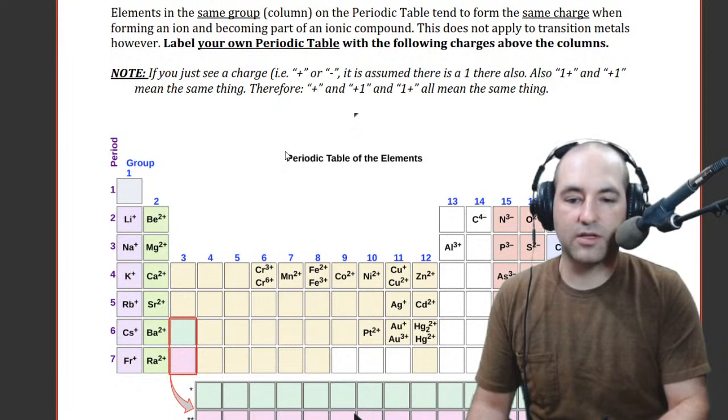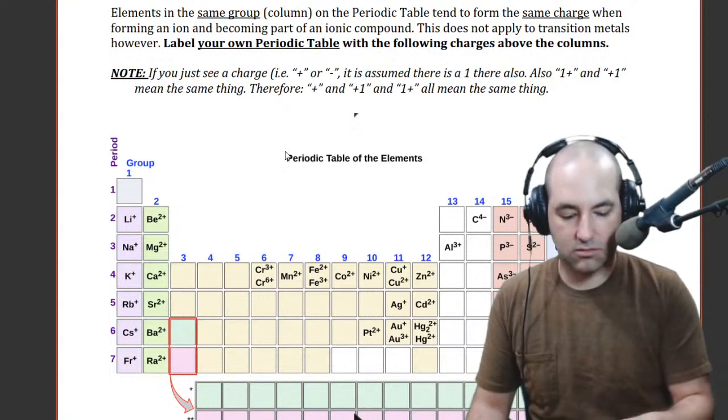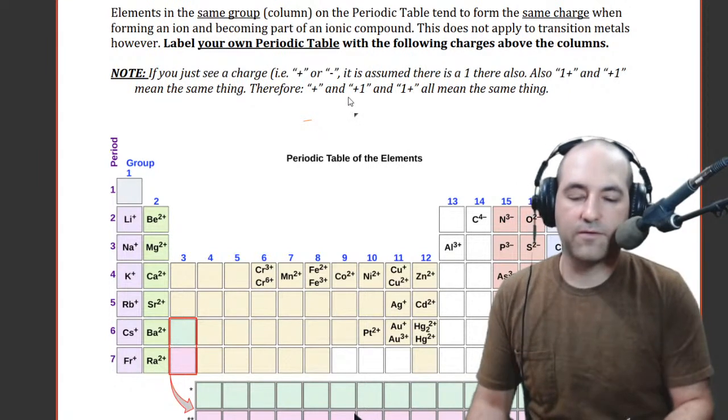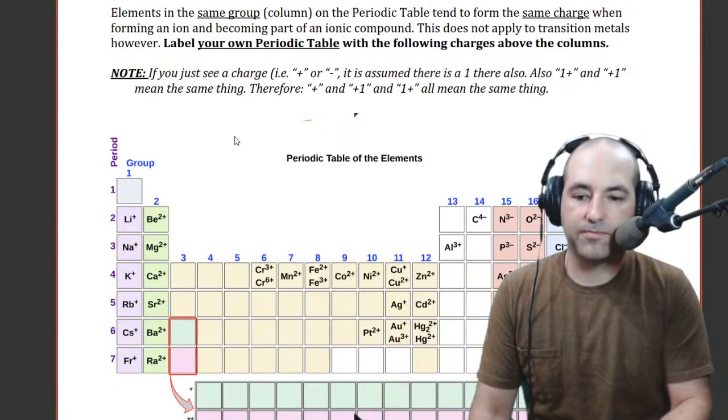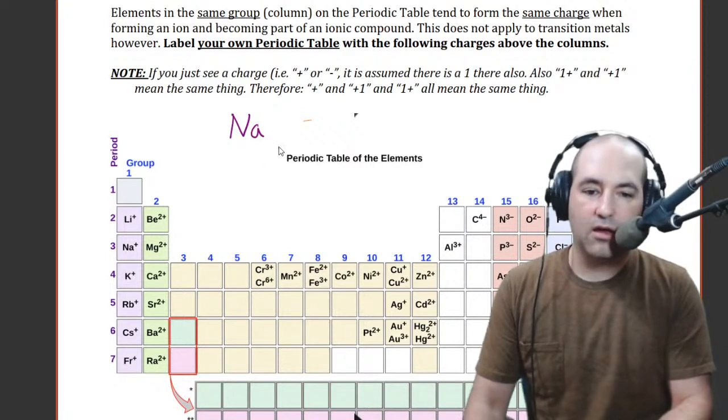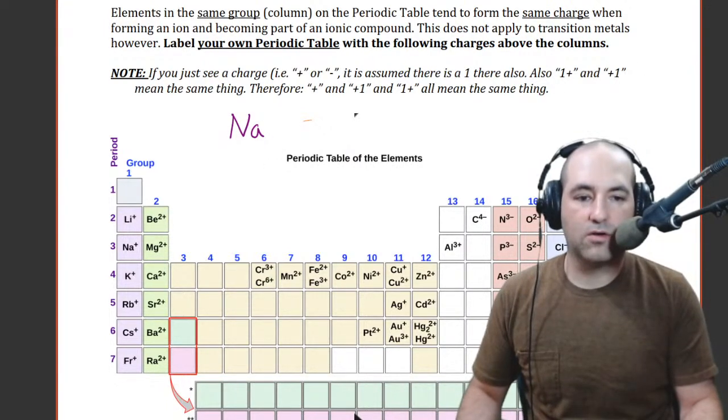So, for example, if we look at sodium and we just write Na, we're talking about the sodium atom, the neutral atom.